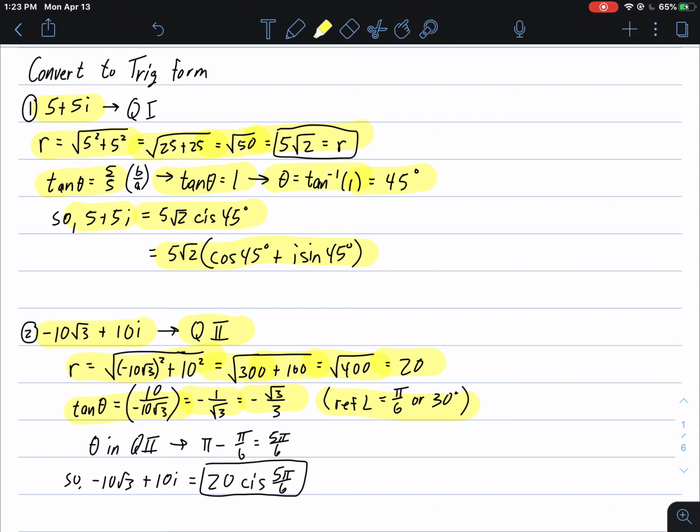In quadrant 2, we take that reference angle, subtract it from pi, and that'll leave us with 5 pi over 6. There's theta. And so I've got my number, negative 10 roots of 3 plus 10i, being equivalent to 20. There's r. Cosine plus i sine 5 pi over 6. There's theta. Okay.